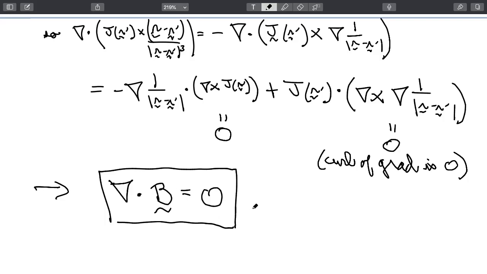What we're stating here is that, at least as far as magnetostatics are concerned, we'll get back to dynamics later, in the static case there are no magnetic charges.